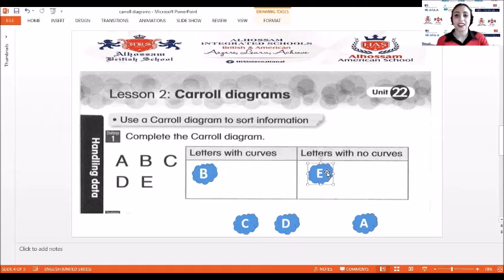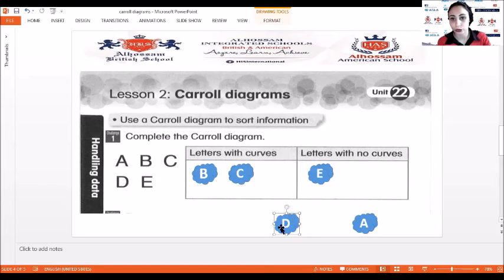Perfect. Letter C. Does it have a curve? Yes. So we're going to put this letter here under letters with curves. And this one, letter D. It has one straight line, and what is this?